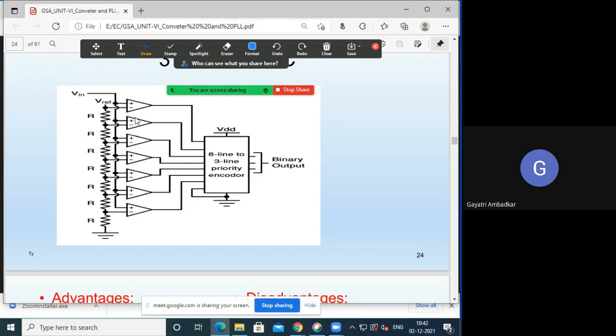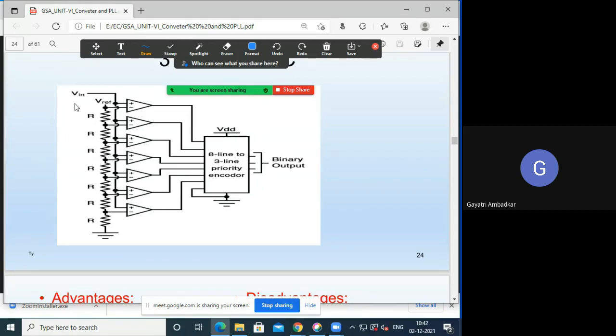Basically, to every non-inverting terminal, we have combinedly given the input voltage, and the inverting terminal of every comparator was connected to some reference voltage. This reference voltage was different for every comparator because we connected every comparator to the voltage divider resistor network. Whatever reference voltage you give, accordingly the different voltages form the different reference levels.